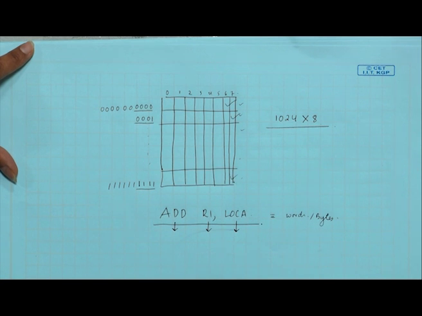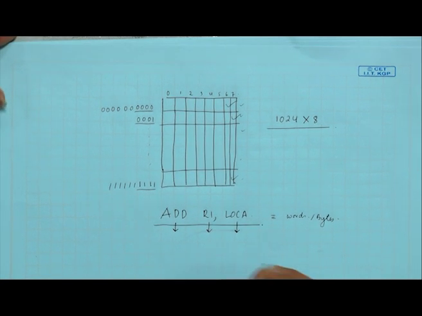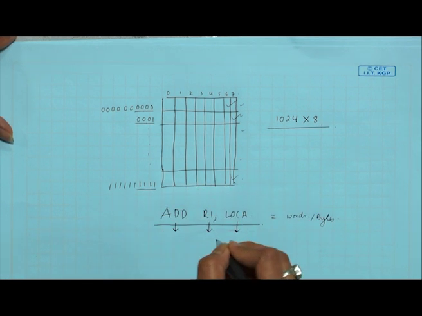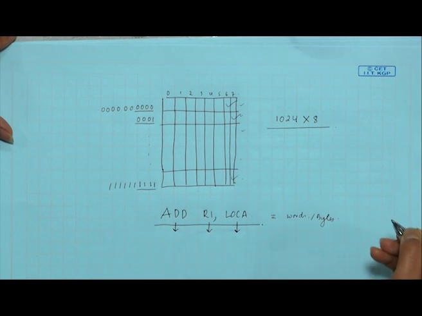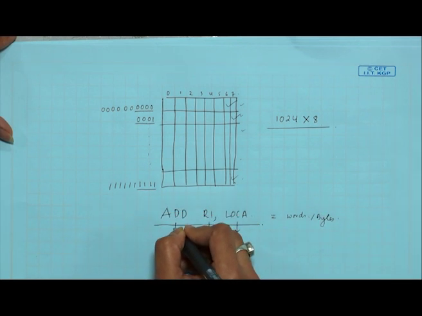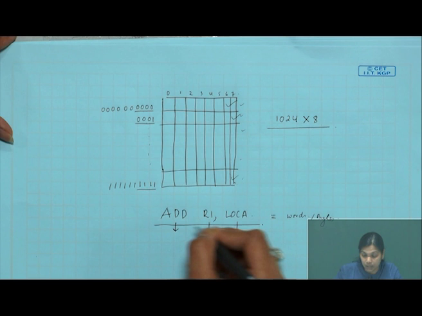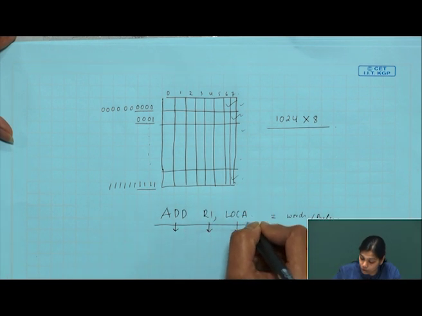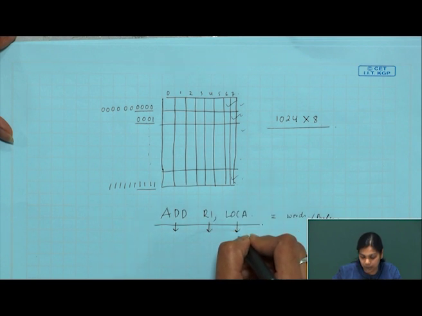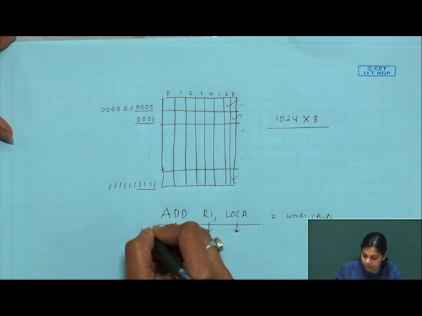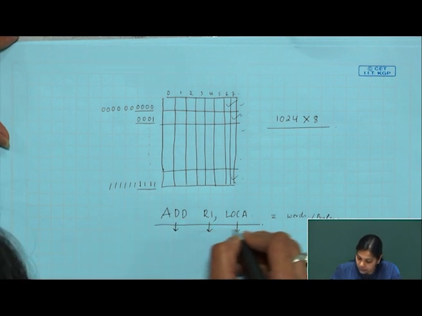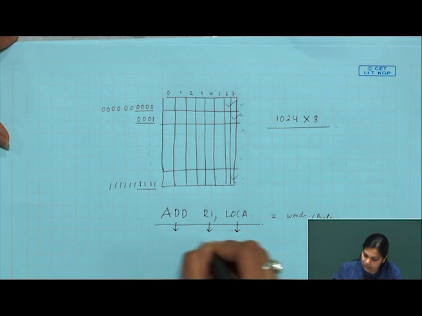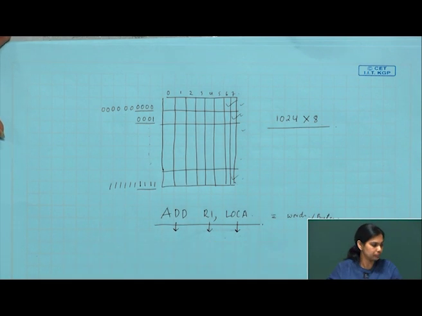How many bytes this instruction will take depends on various factors, like the total number of instructions available in your computer, the total number of registers present, and the number of locations you have, based on which the number of bytes required to represent this particular instruction is determined.